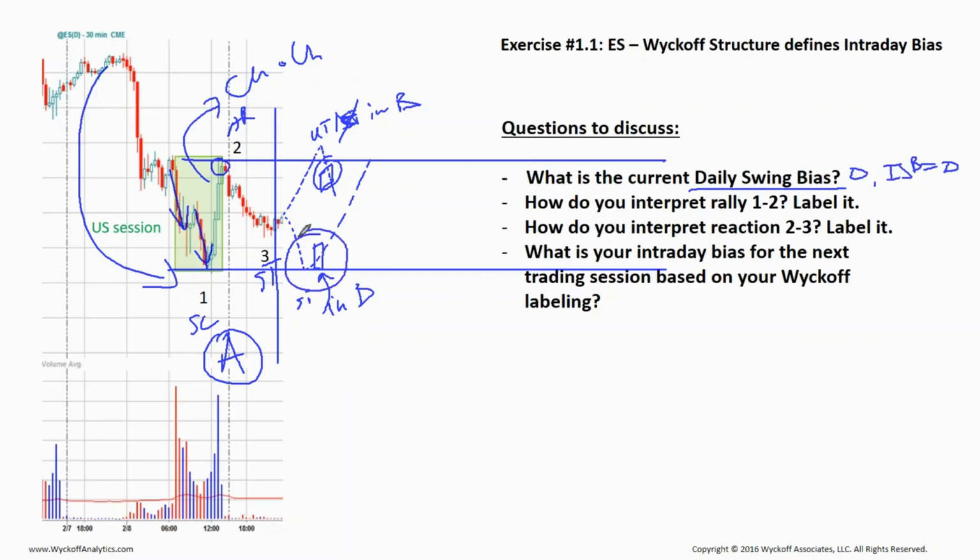Near the support, because of the contextual interpretation of this as a secondary test in potential phase B, we know that from here the price is going to have a bias to the upside. So therefore, we might also open a position here near the support.